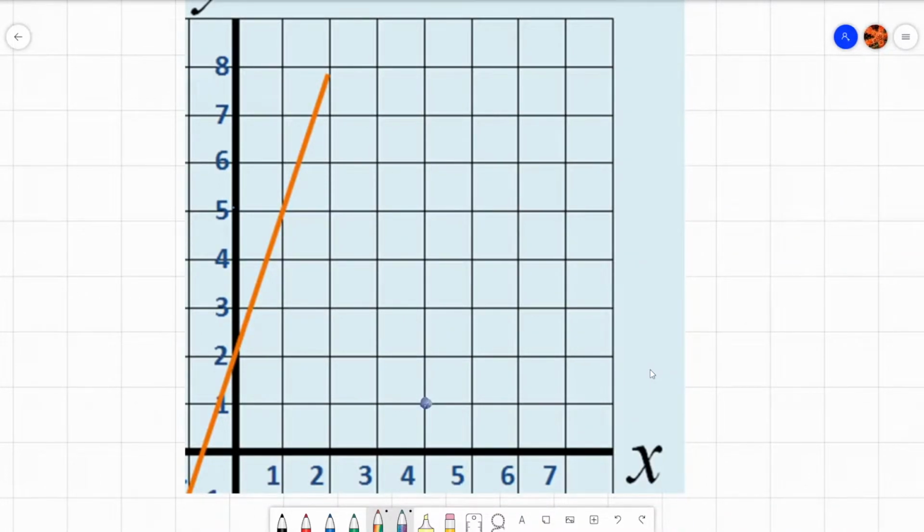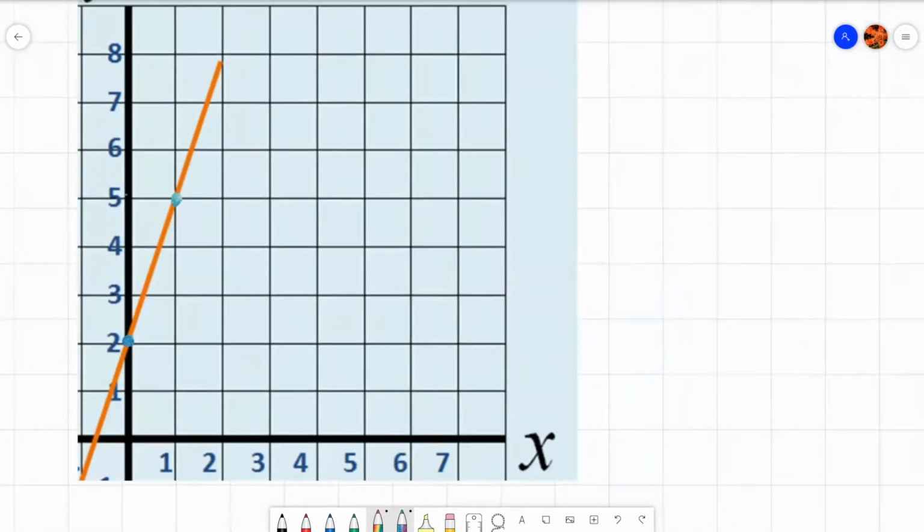I need to pick another coordinate that lies on the line. I can't pick this one either because I don't know the exact coordinate. I can guess what it is, but I don't know it exactly. So the point that I am going to pick is this one here. That's an exact coordinate.